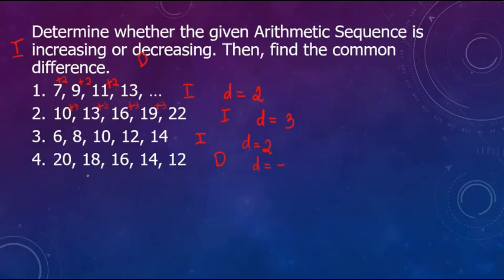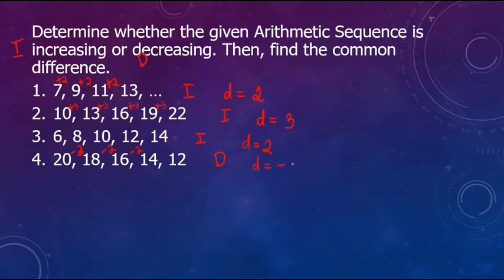O 20, and then followed by 18. Paano nyo nakuha si 18? So, you subtract 2. Or you add negative 2. 18 followed by 16. So, again, you subtract 2 or you add negative 2. Then, 16 followed by 14. So, again, you subtract 2 or you add negative 2 and so on.